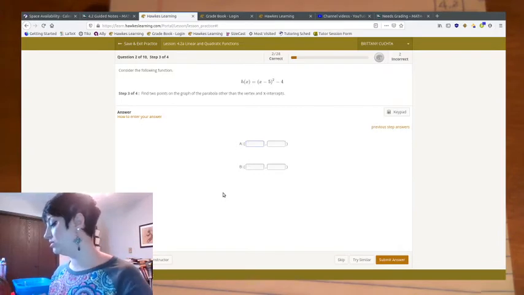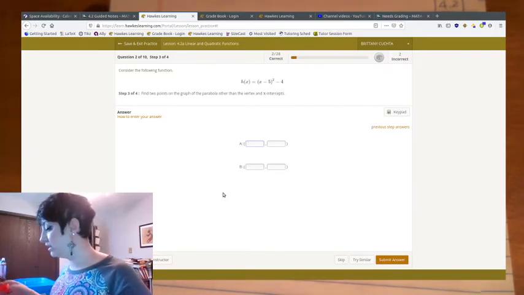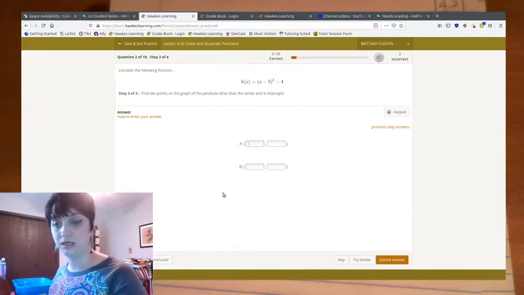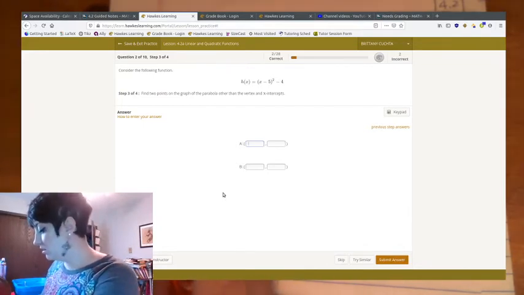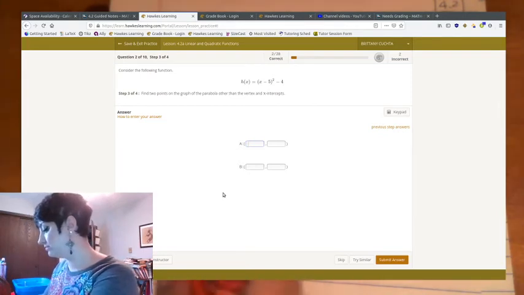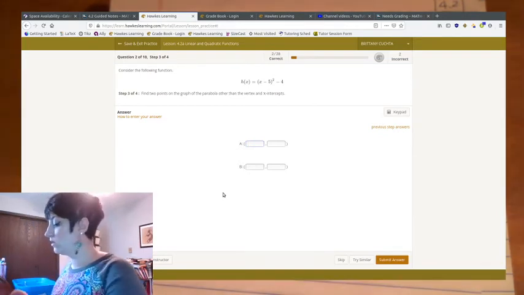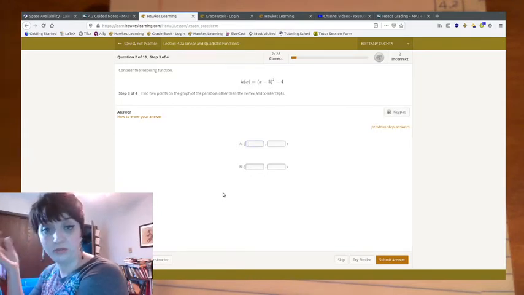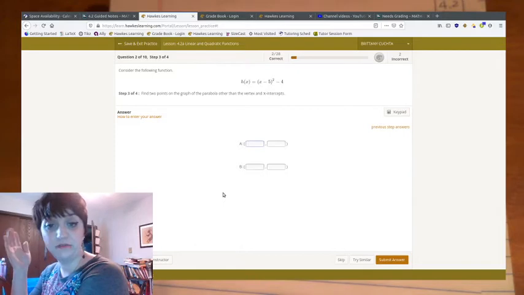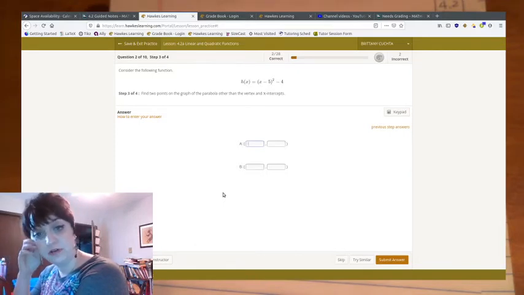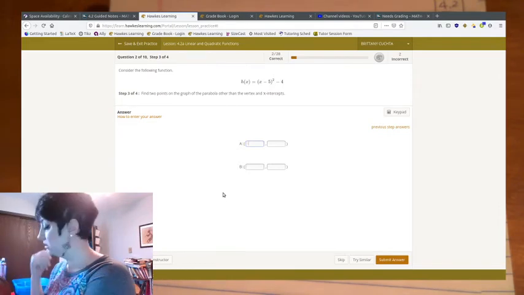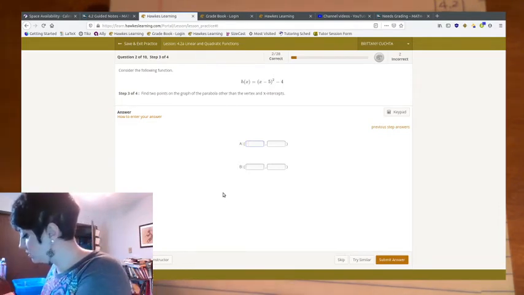How to do this? An easy thing to do is you could just pick any value of x that you want and plug it in, right? Any value of x that you want. If I chose x equals 0, I can do that, to find 2 other points.